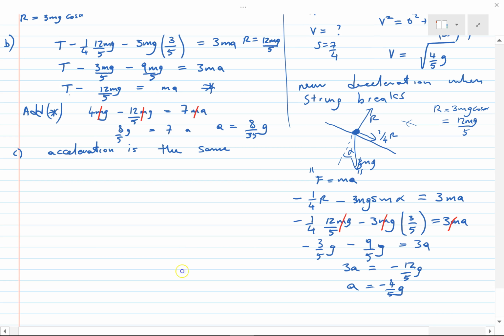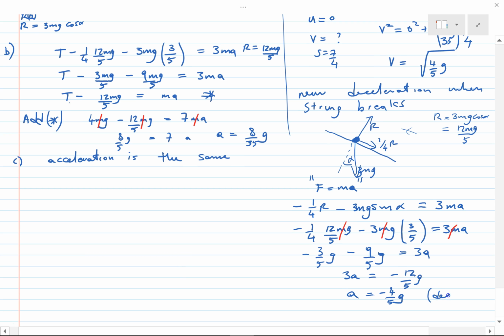Okay, so that's the deceleration when I said string breaks, but it doesn't break, does it? When B hits floor. Sorry about that. Sometimes you're told it breaks, but this time it's B hits floor.